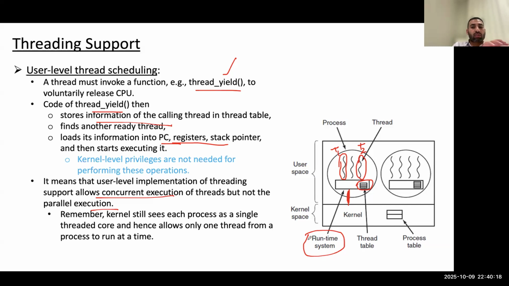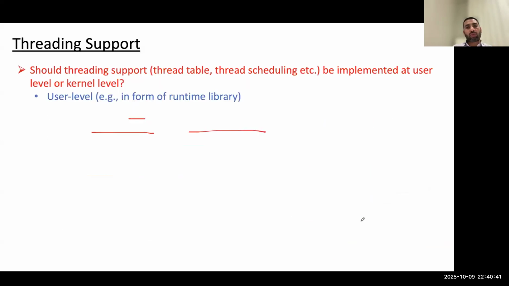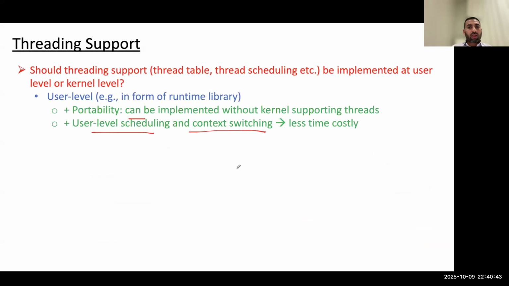Context switch means that the execution of one entity is taking over the execution of the other. As we have talked about, and as there was a question in the exam, context switching incurs overhead. If the scheduling is done entirely at the user level, we do not incur an intervention from the kernel, so there will be no switching from user level to kernel level, and scheduling will be less expensive. The same is true for context switching.